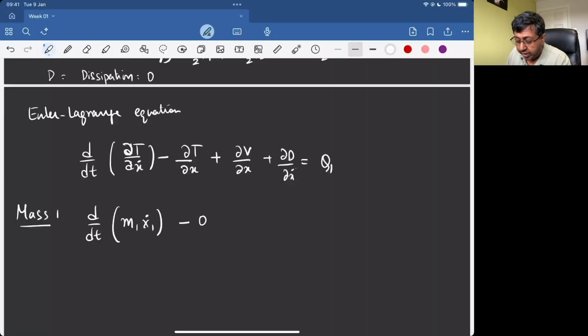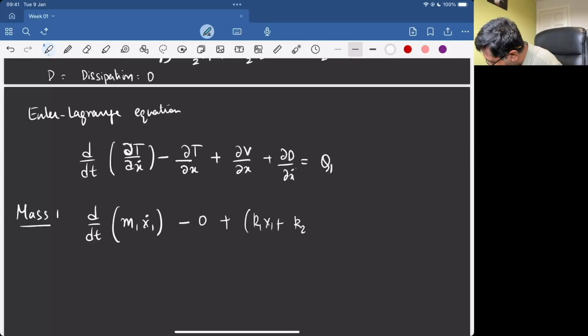We'll look at it in detail in a moment, but for now, just to quickly see how quick we can get our equation of motion. Plus, if I take the derivative with regard to x1 for the spring energy, I can write k1 x1 plus k2 times (x1 minus x2) plus 0 equal to f1 of t.